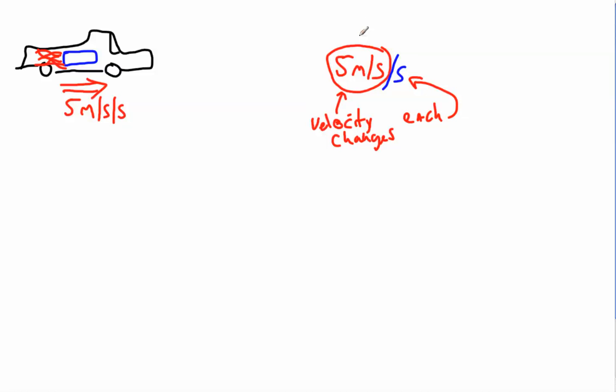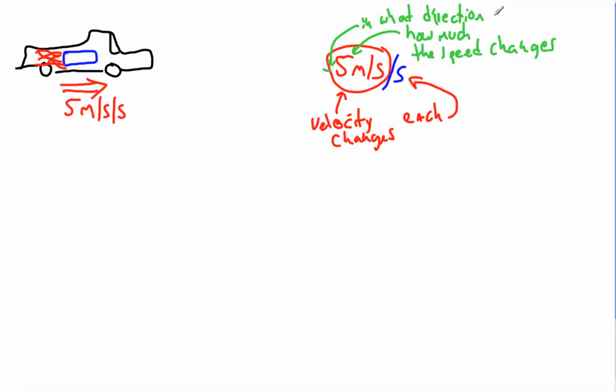Another way to look at that is to say that this number right here, the 5, tells us how much the speed changes, and the sign out here, which in this case is positive but could be negative, tells us in what direction the speed changes.